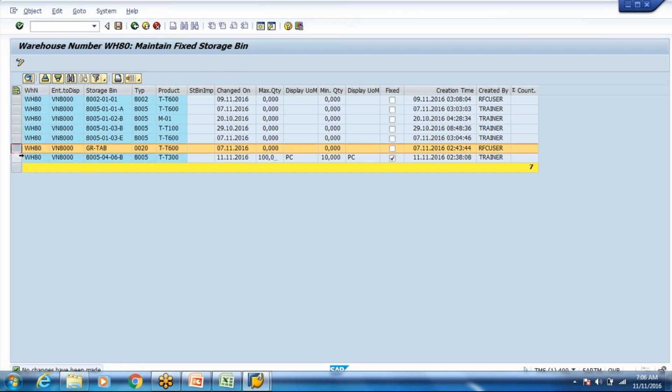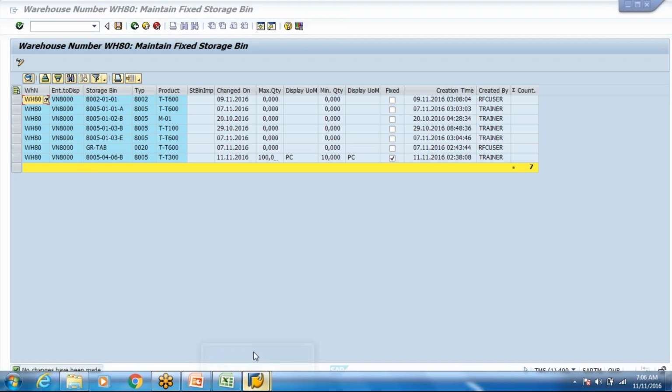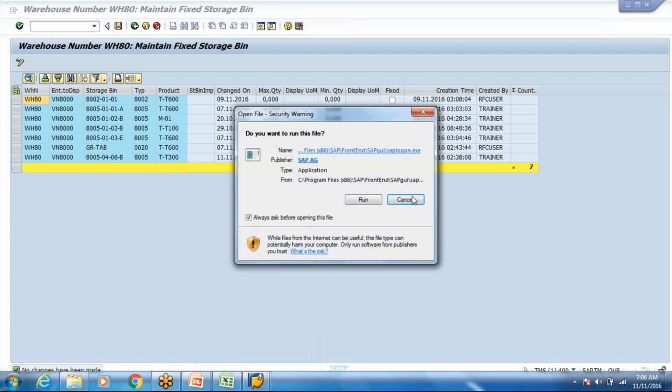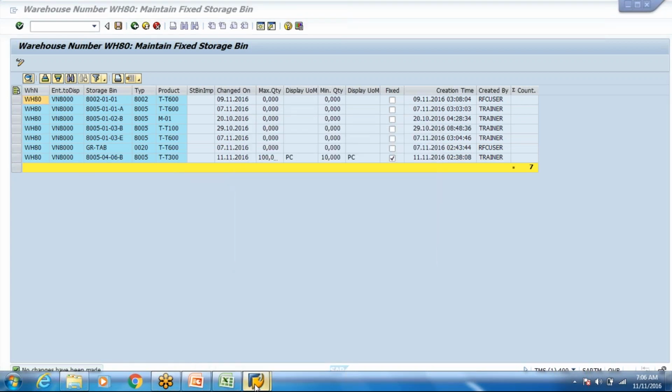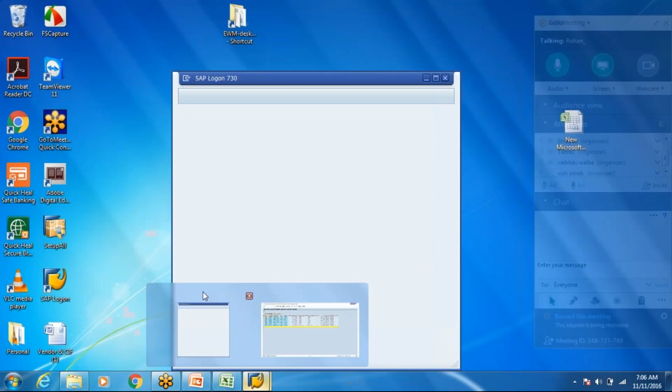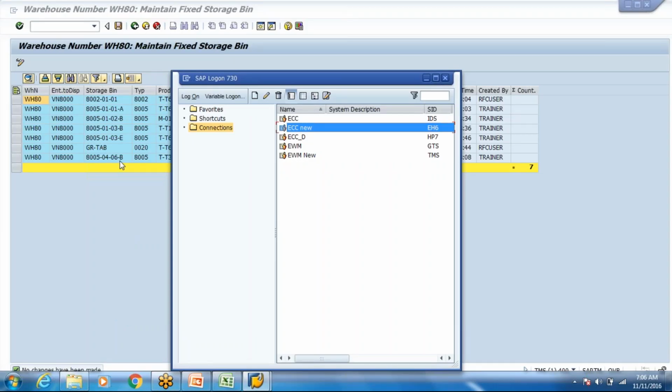So it's done now. We'll create a purchase order now in ECC, and then we'll try to do a goods receipt. We will see that this product is going into the bin 46B.